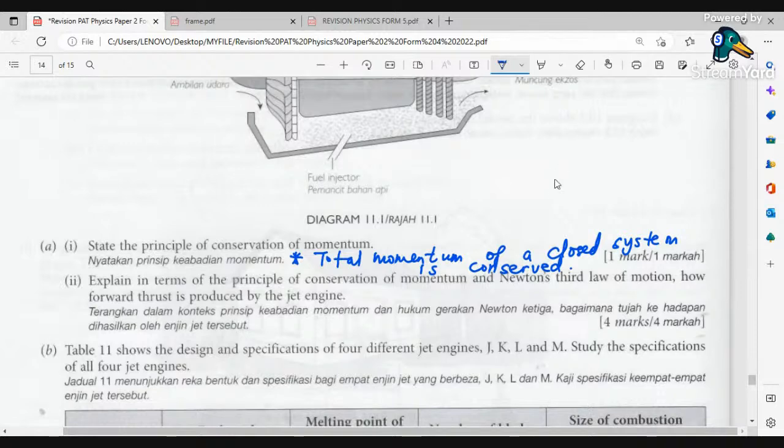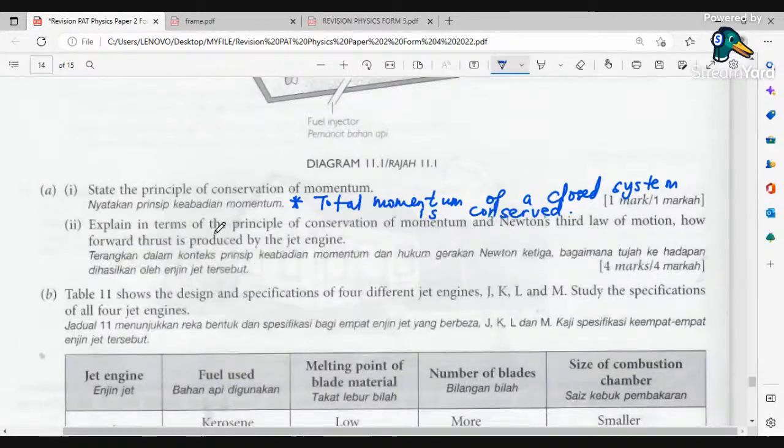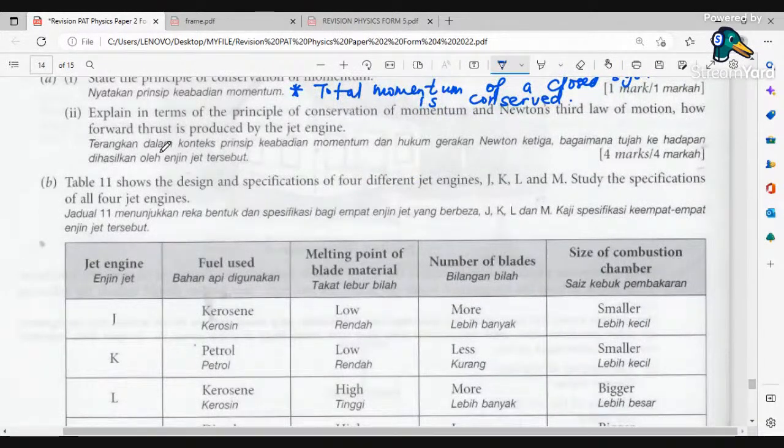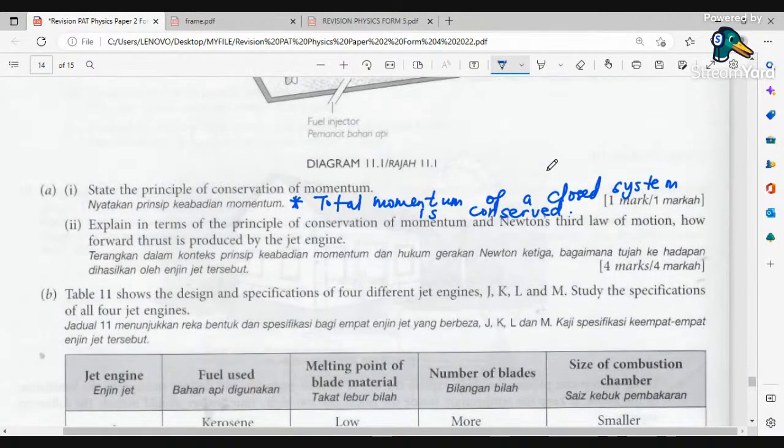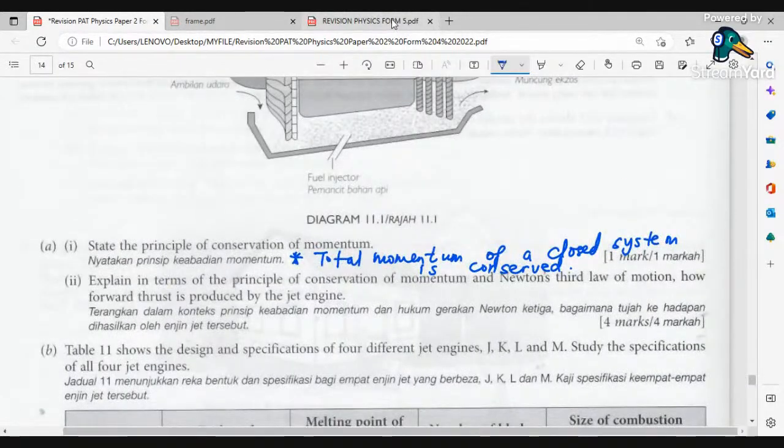Closed system means no external force act. Okay, the conservation of momentum. Explain in terms of principle of conservation of momentum and Newton's third law how forward thrust is produced by engine jet. 4 marks, knowledge question. Okay, let's look at the first part of this question.